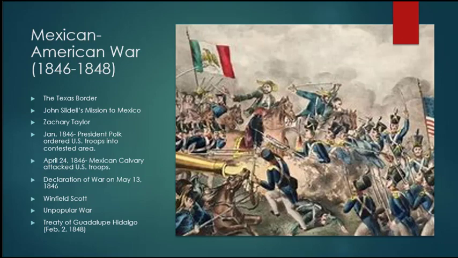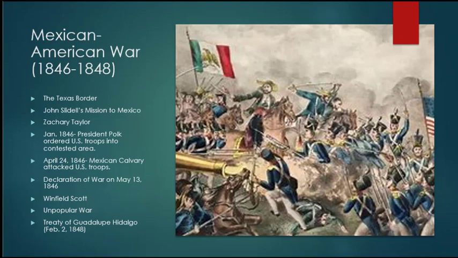The president had hoped that he would show force and force Mexico to negotiate, but that did not happen. On April 24th, 1846, the Mexican cavalry will attack these United States troops in this disputed territory, and by May 13th, 1846, there's a declaration of war, so the Mexican-American War has officially started.